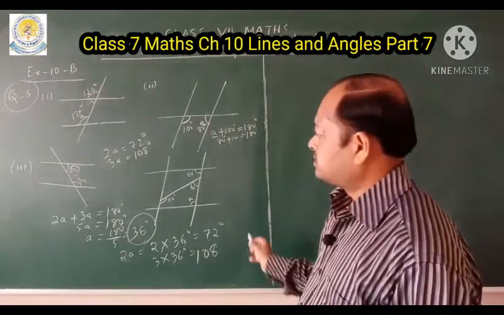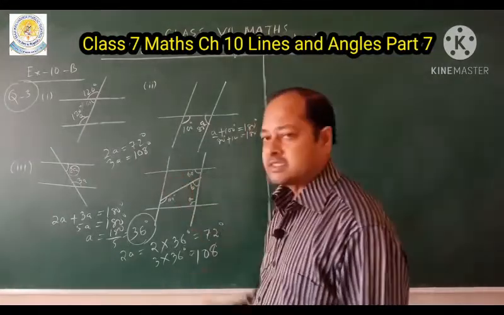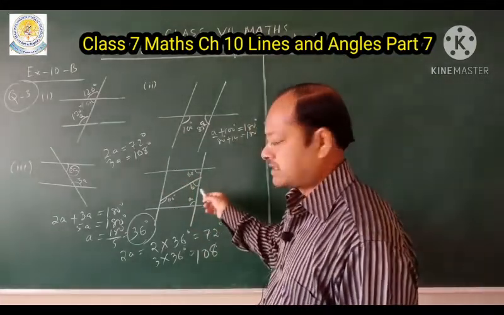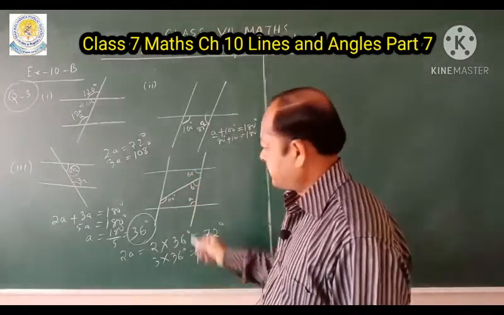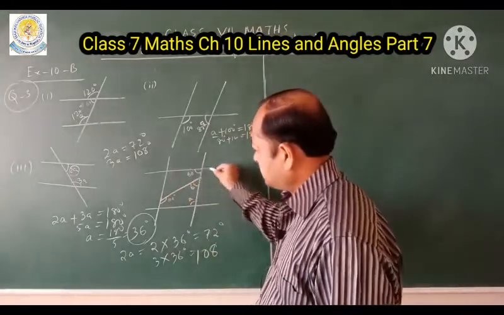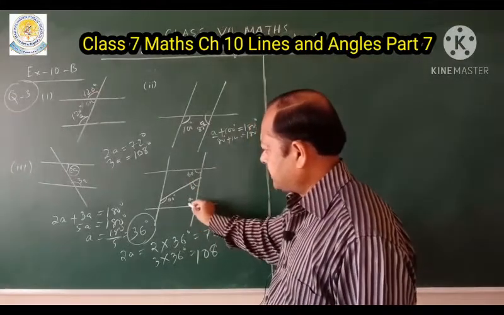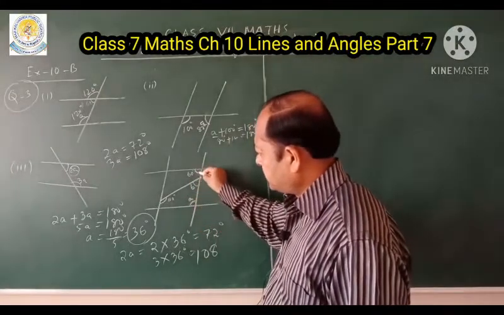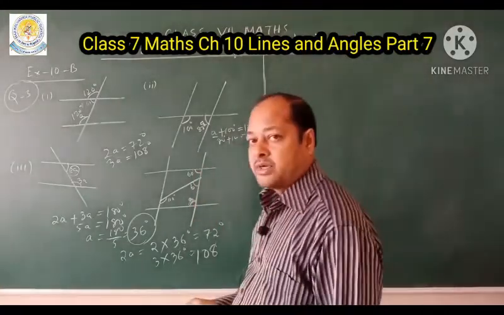Okay, now question number 4. In 4 you see here, this is slightly more complex than the other figures, because here there are more angles. Here these are the parallel lines, that means if this is a parallel line and this is a transversal line, then these will be co-interior angles. A plus 60 will be 180 degree because of co-interior angles.